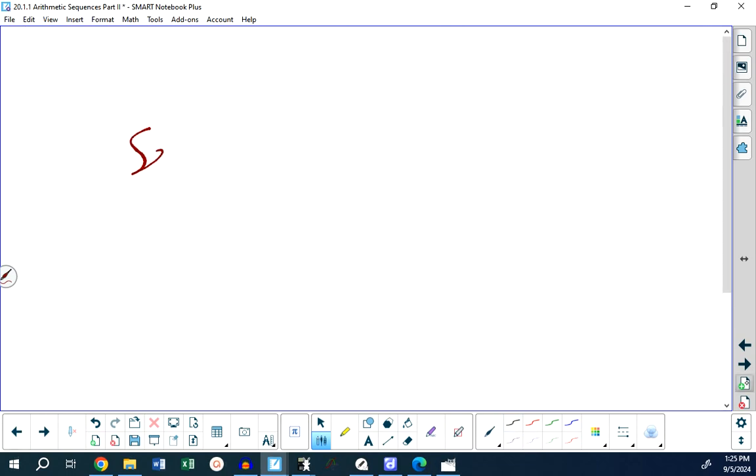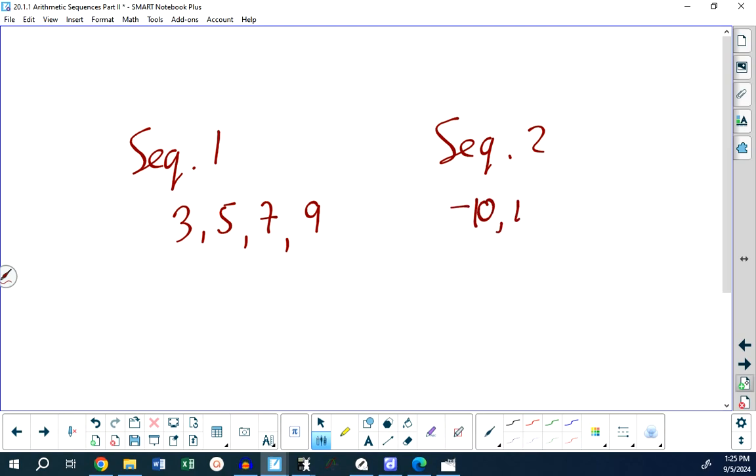We have sequence 1 of, say, 3, 5, 7, 9. We have sequence 2 of, it doesn't matter, negative 10, 0, 10, 20. I hope everybody would agree that these are both arithmetic. And I hope you can look at them quite simply and tell me what the common difference of each one is and what the first term is.